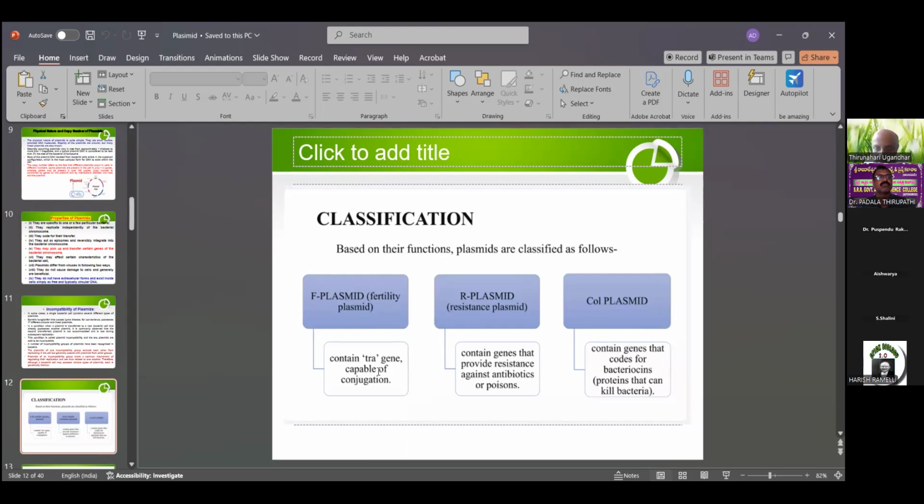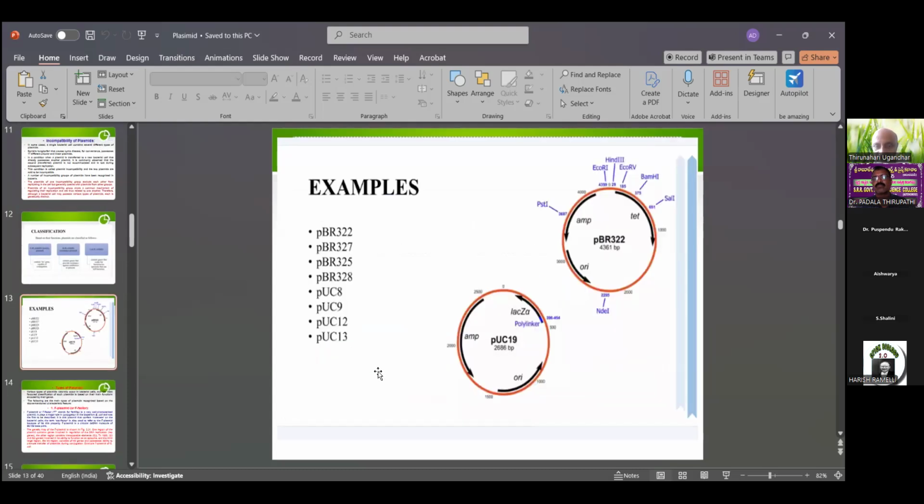F plasmid, fertility plasmids; R plasmid, resistance plasmids; COL plasmids, which contain genes that code for bacteriocin proteins that can kill bacteria. Col means kill bacteria. So the plasmids may be classified based on their function and character.